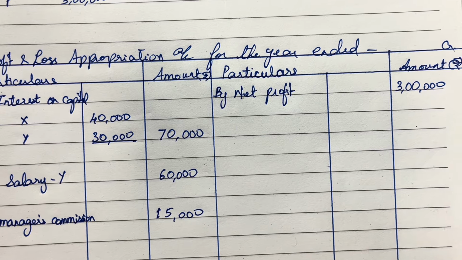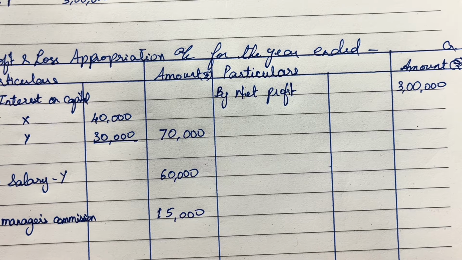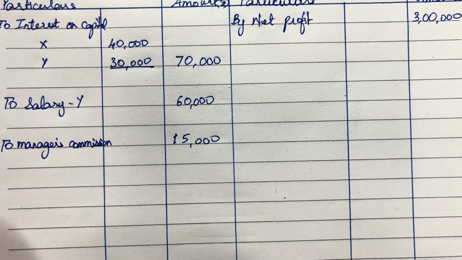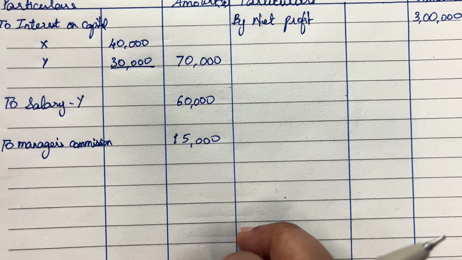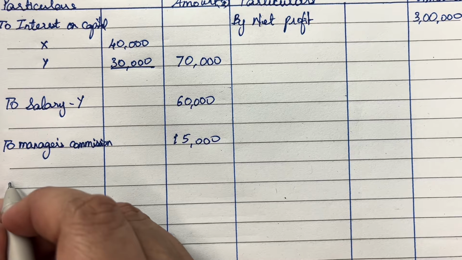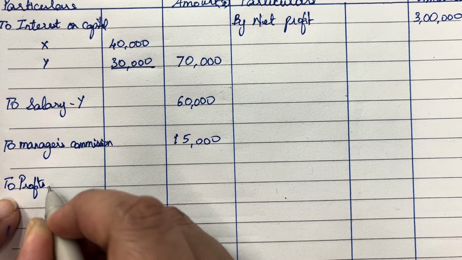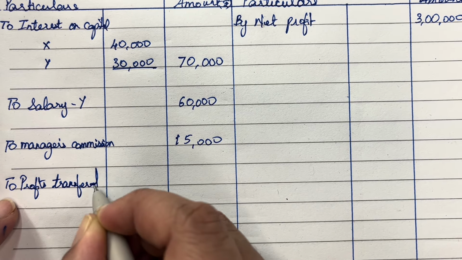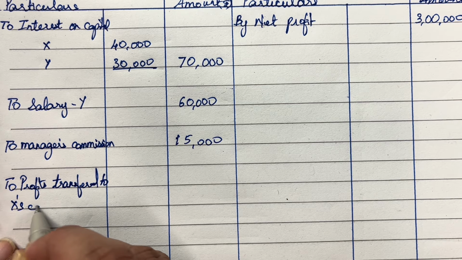Okay, now if we see which side is greater, the credit side is greater. Okay, we'll bring down the credit side amount on both the sides, but before that, let's write over here. Since our balancing figure will be on the debit side, we'll have profits transferred to the two partners' names, X capital account.